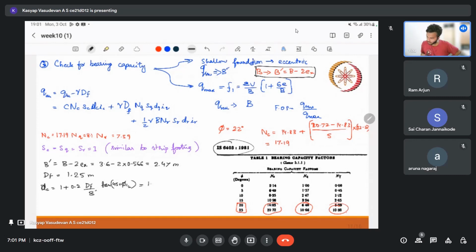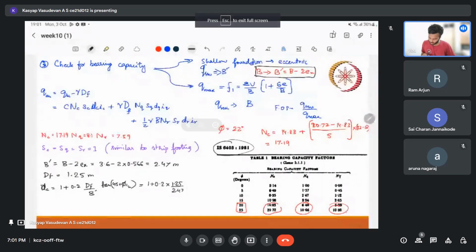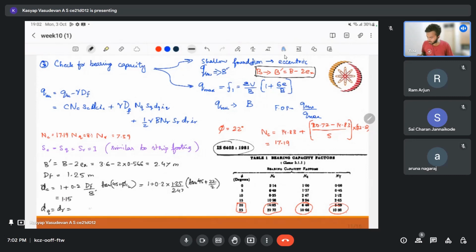That is 1 plus 0.2 into 1.25 by 2.47 into tan of (45 plus 22 by 2). This is 1.15. And d_q and d_gamma is similarly 1 plus 0.1 D_f by B tan of (45 plus phi by 2). If you substitute this, you will get 1.07.